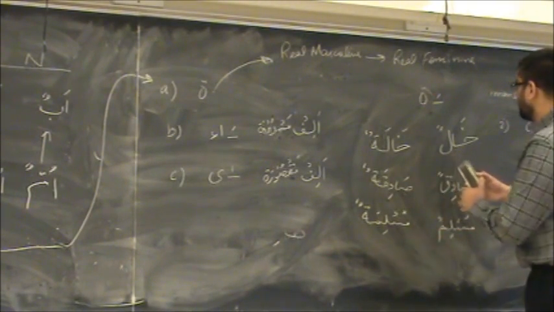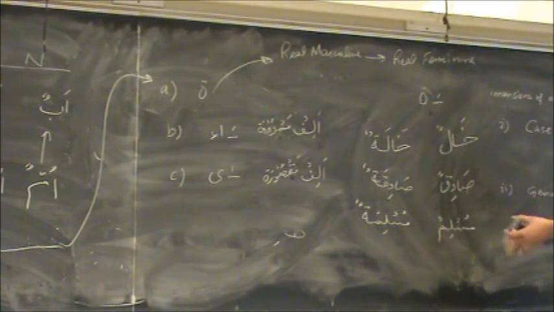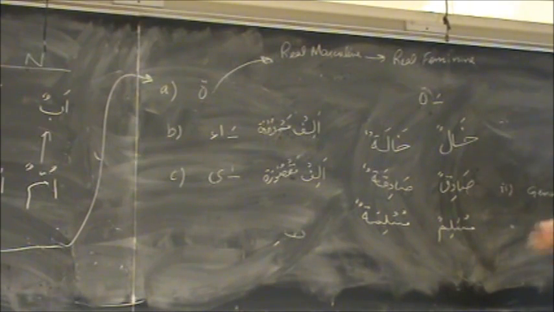And which are those that have ta marbuta at the end? Examples? There are many examples. Jannatun. Okay, Jannah is garden. It does not have a gender. It's unreal.